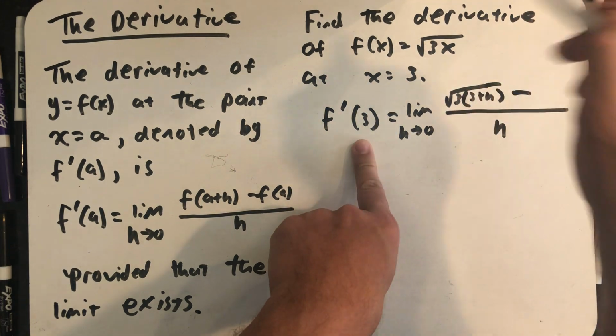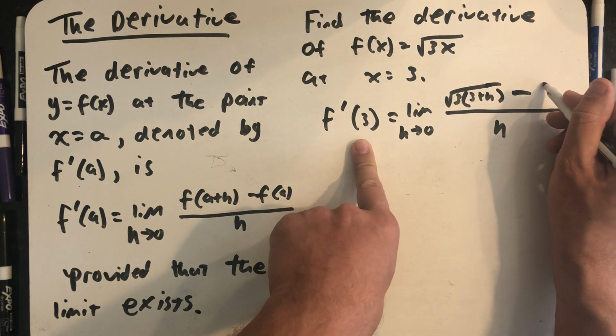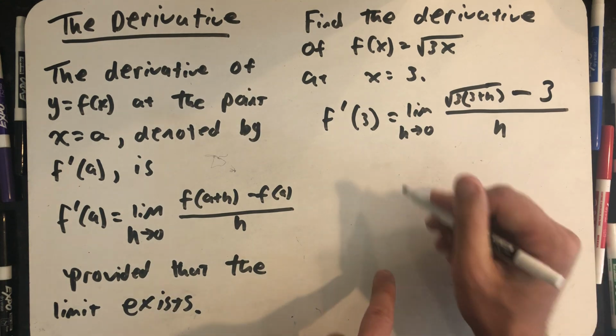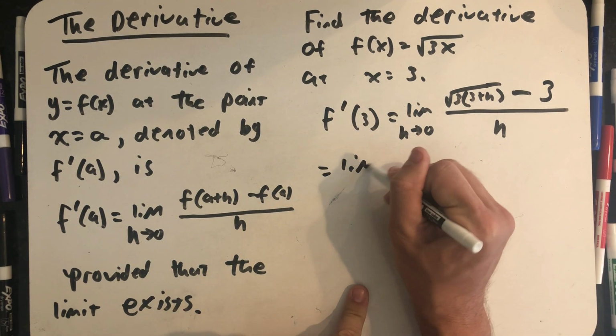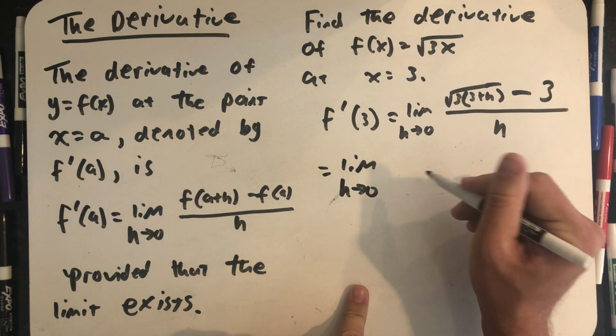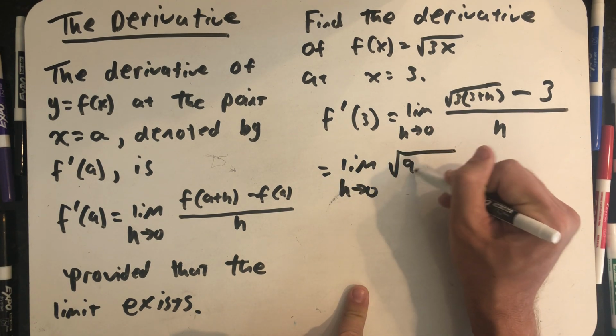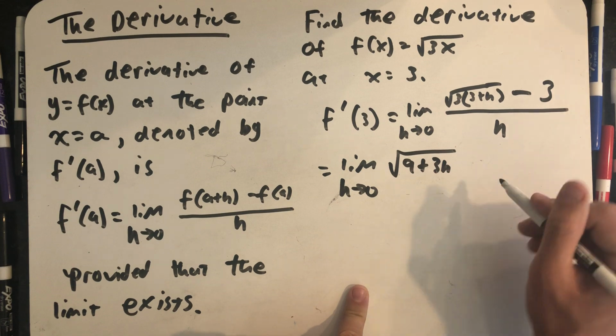Well, f of 3 is the square root of 3 times 3, which is 9, the square root of which is 3. And there, I have something I can at least do an initial simplification to. Distributing under that square root.